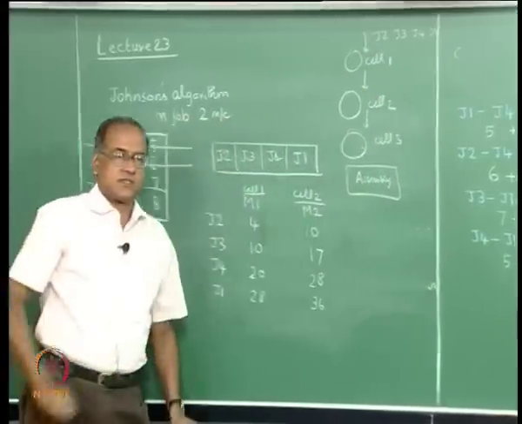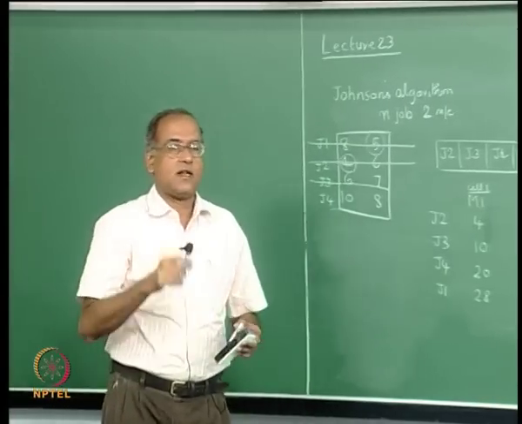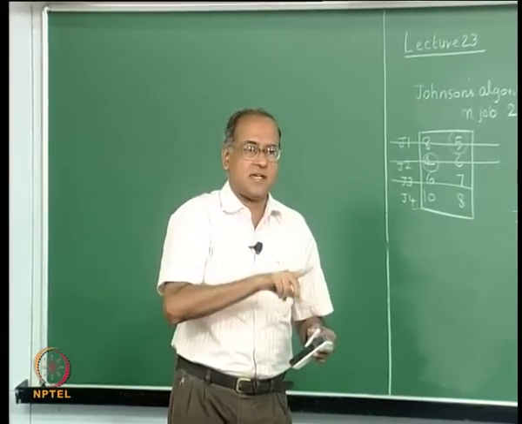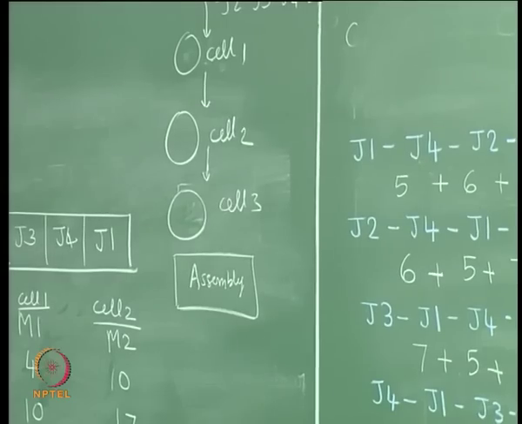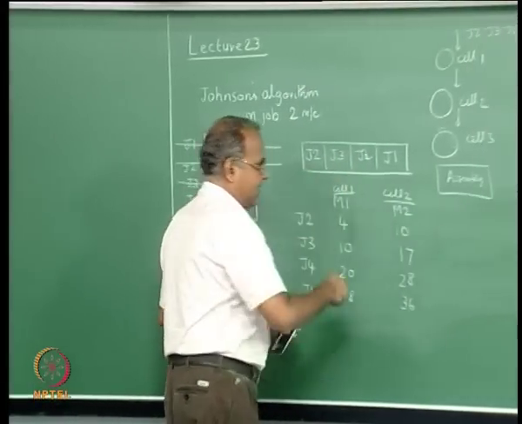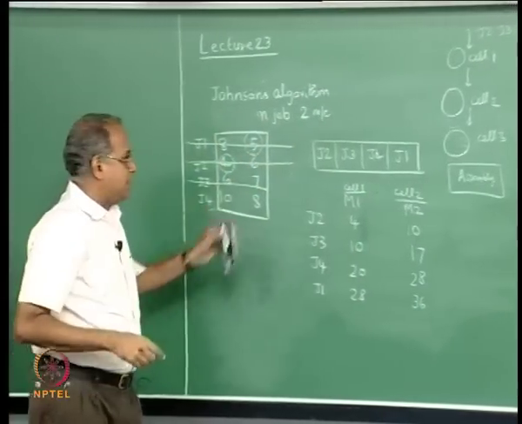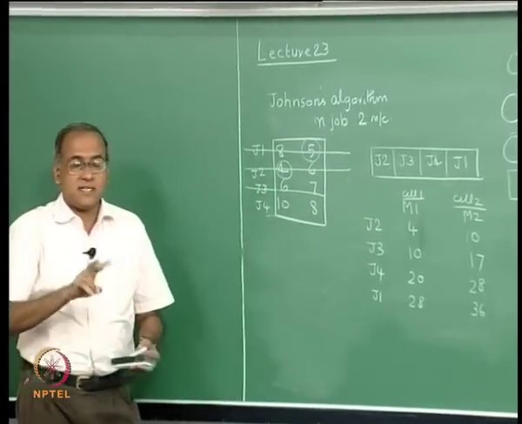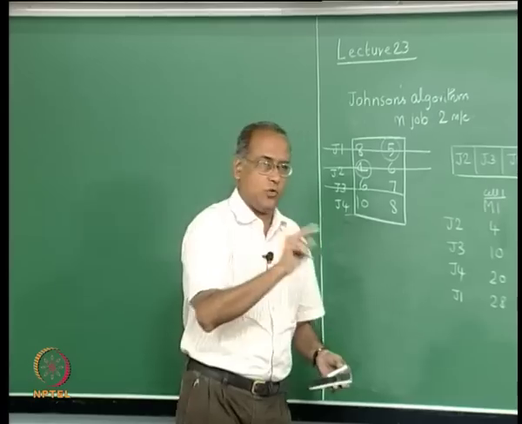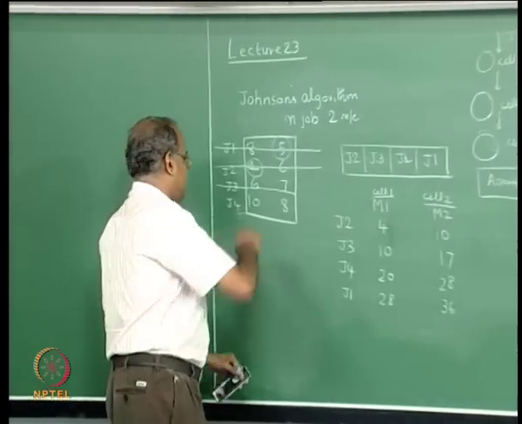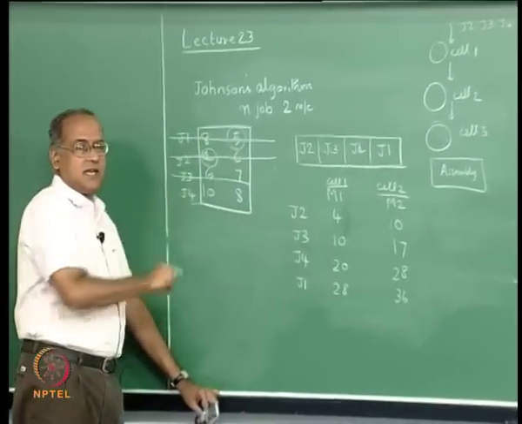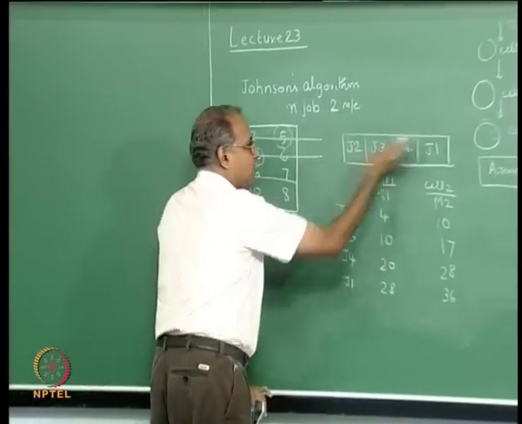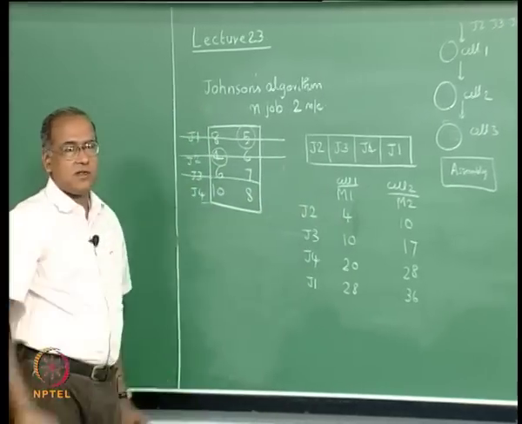Now how do we do this? So essentially we should look at how do we modify the Johnson's algorithm for 3, and then if we are able to do that, we will come back and use this. So the Johnson's algorithm is essentially meant for 2 machines, and then if these are the processing times given, the Johnson sequence is brought out this way.